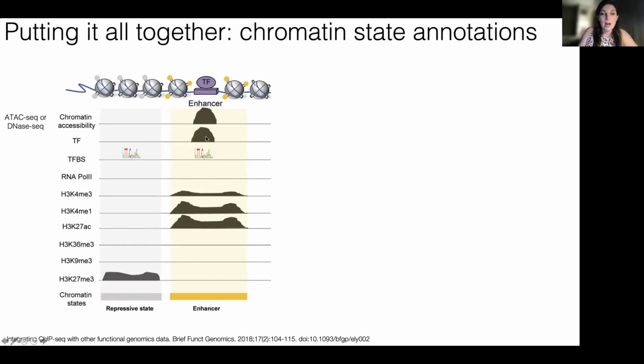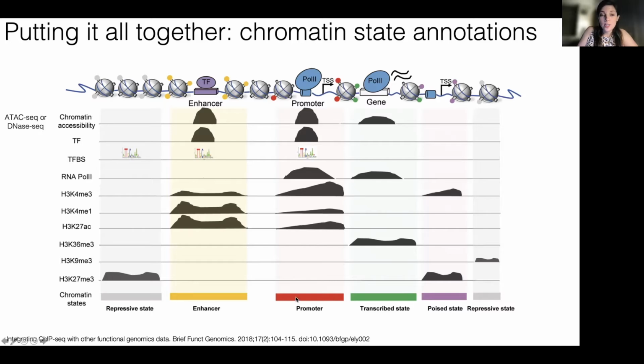Transcription factor is bound. And then there are these different marks like H3K4 trimethylation, monomethylation, and H3K27 acetylation, which are known to be correlated with enhancer activity. So we call this an enhancer state. We also have promoter states, which vary a little bit with these different histone modifications and then also have RNA polymerase bound to them.